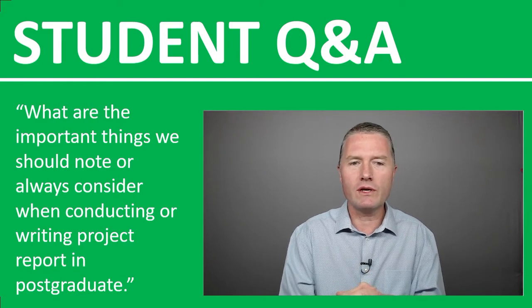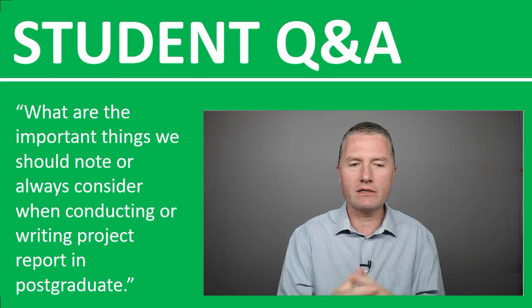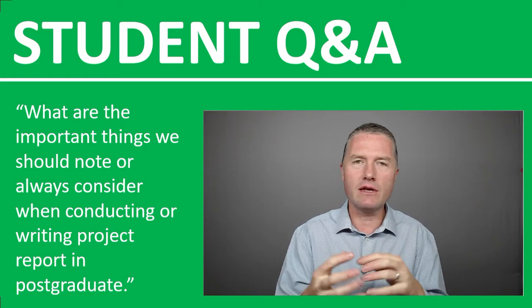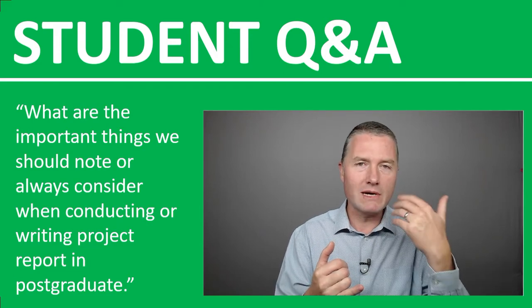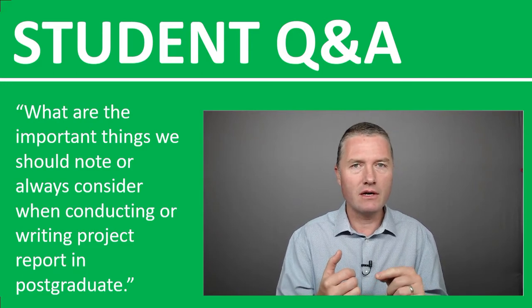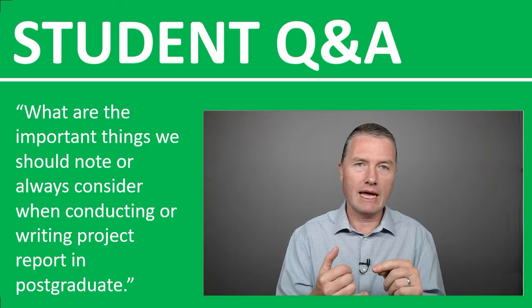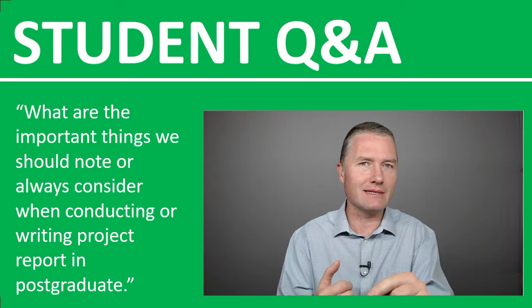So the important thing to consider when conducting or writing a project or report at a postgraduate level is, firstly, who is your reader? So you must write for your reader. So for a thesis or a final report or a dissertation, as it might be called, your reader is the examiner.